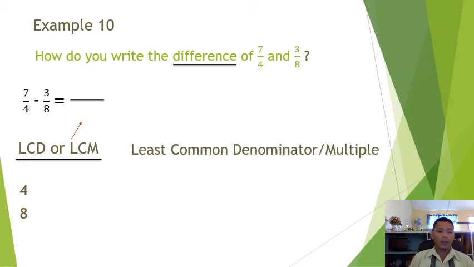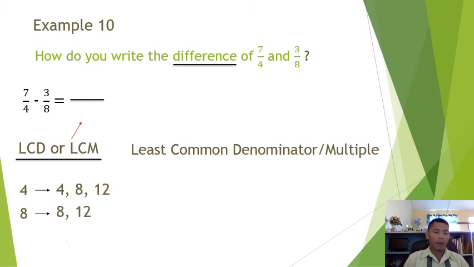The multiples of 4 are the numbers that are divisible by 4. They are 4, 8, and 12. How about the multiples of 8? 8 and 16 are multiples of 8.